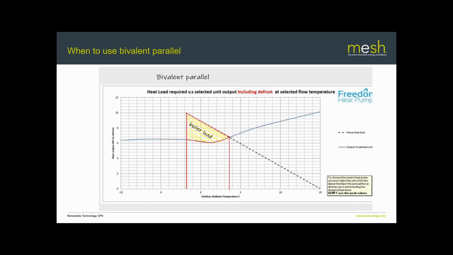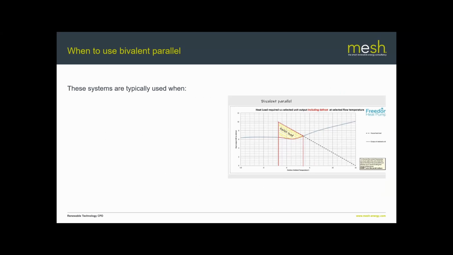The vertical line that runs down here starts from the point where the output of the heat pump and the heat demand of the building cross, and that point there is the bivalent point. As we've talked about before, you can see at the top the yellow shaded area is the amount of load that the boiler is picking up in this bivalent parallel system.